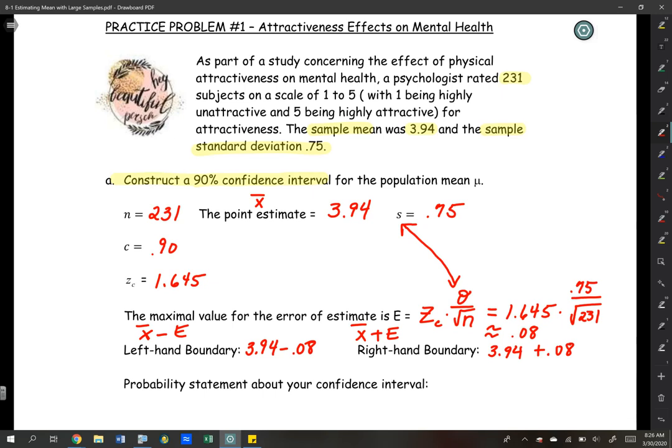Right, 3.94 minus 0.08 is 3.86, and plus 0.08 is 4.02. Right, so let's just highlight these key values here. We need to know this, and we need to know this when we write our probability statement.